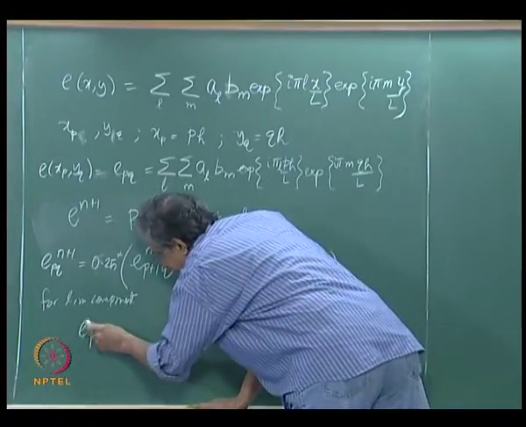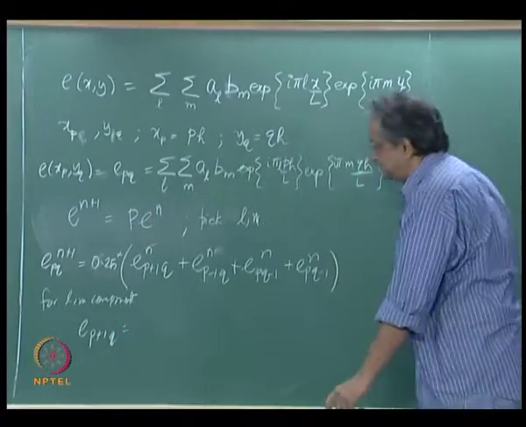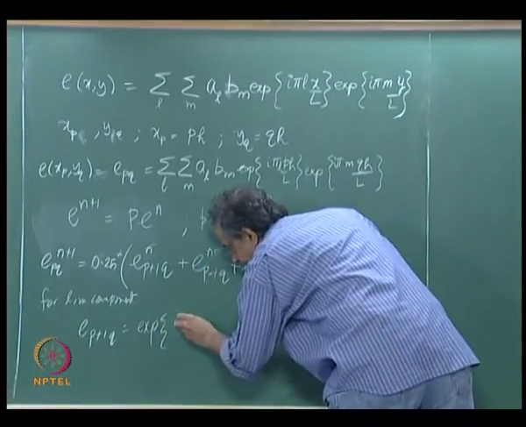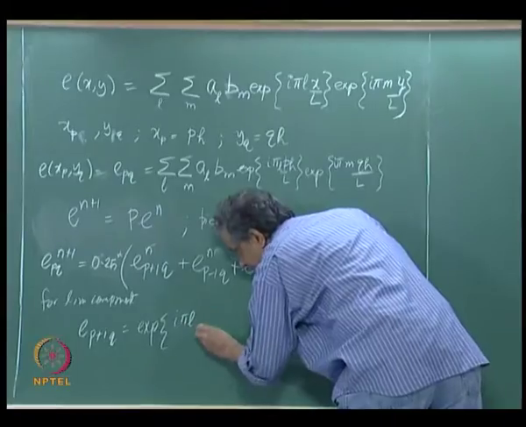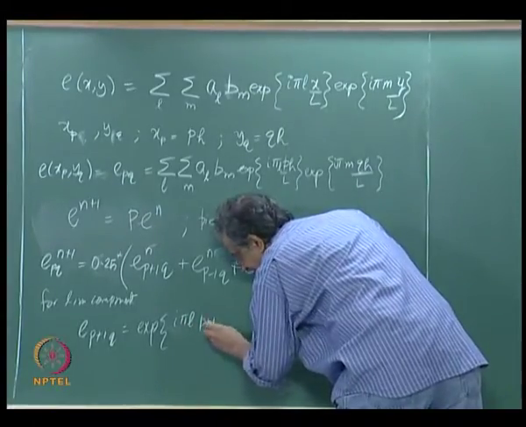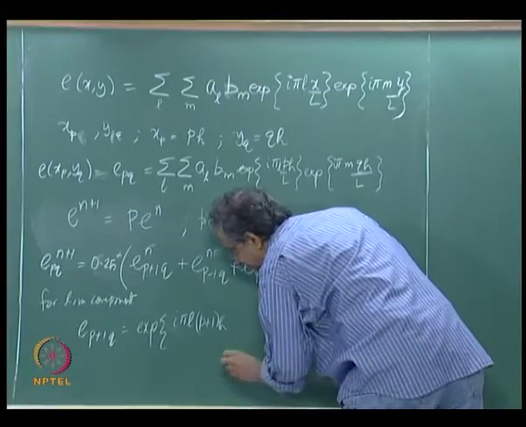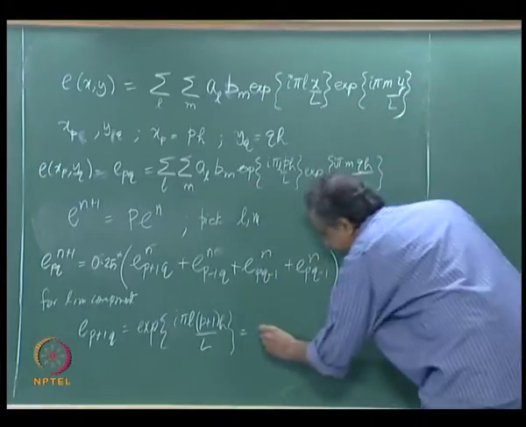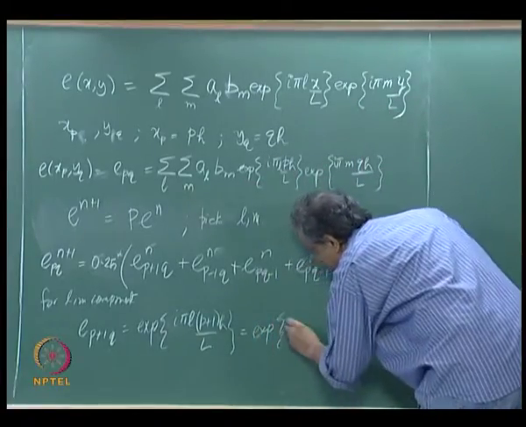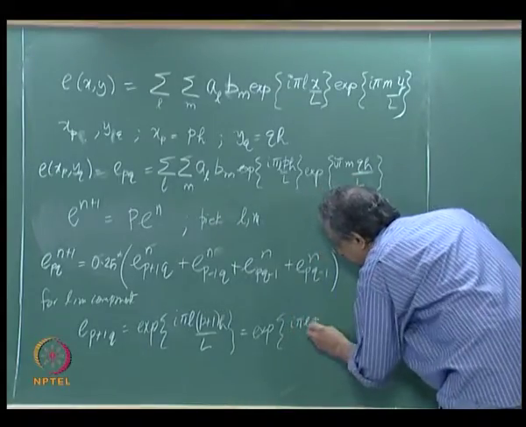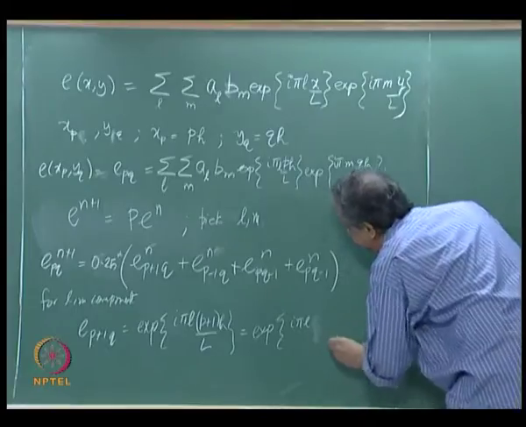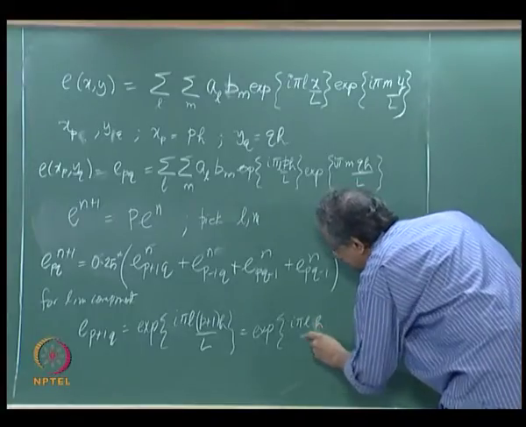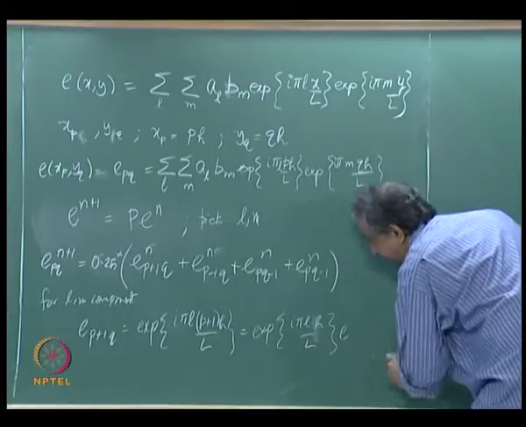E_{p+1,q} in fact is exponent of i pi L (p+1) h by L, which equals exponent of i pi L p h by L into e to the power pq.